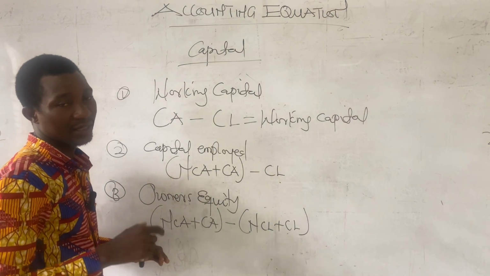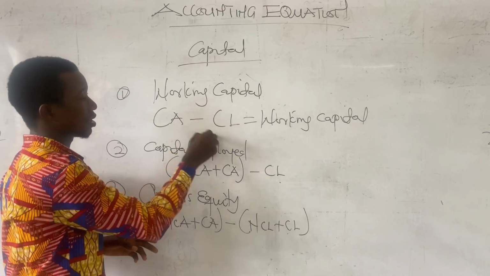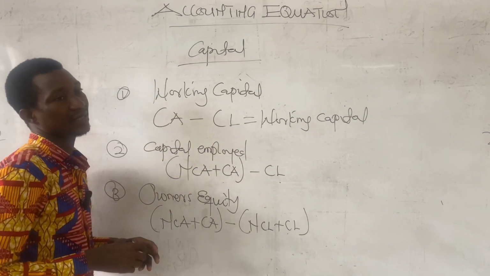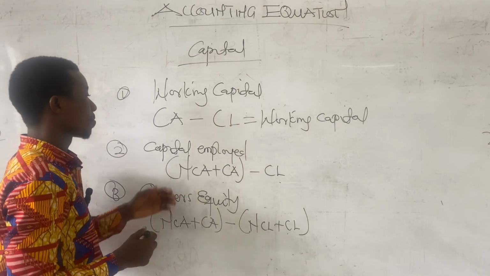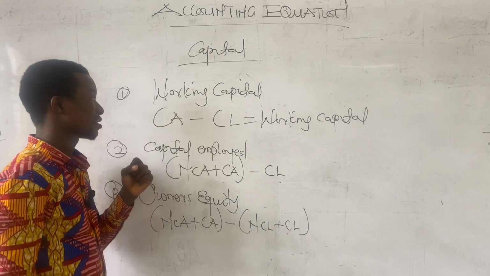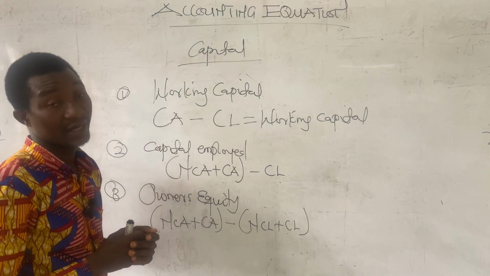It is a term used in accounting when the current liability exceeds the current asset. That is overtrading, but it doesn't normally happen. So the excess of the current assets over the current liabilities is what we call working capital.